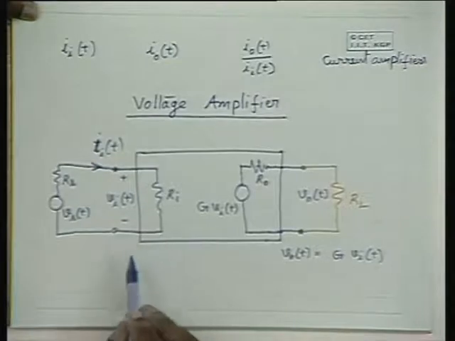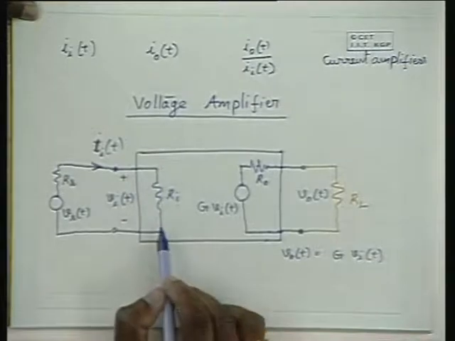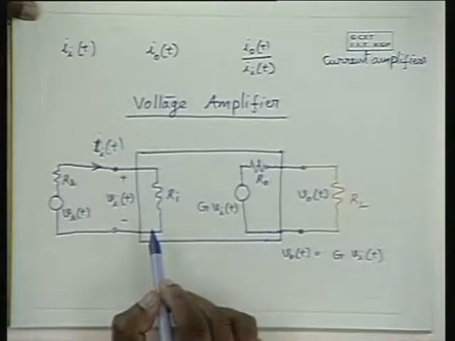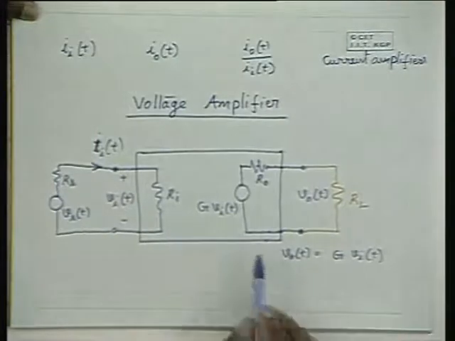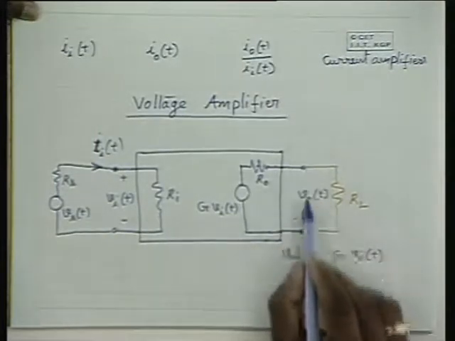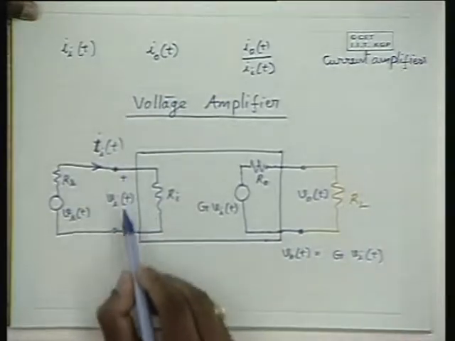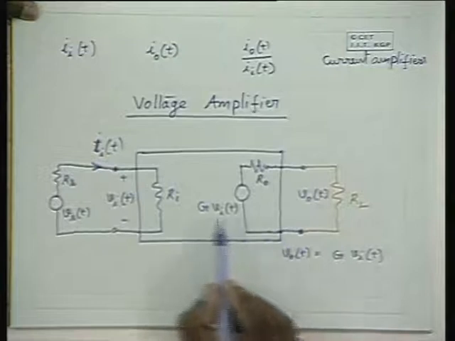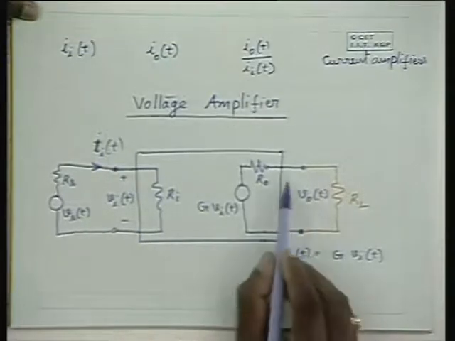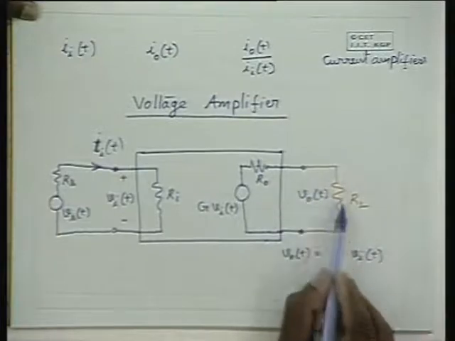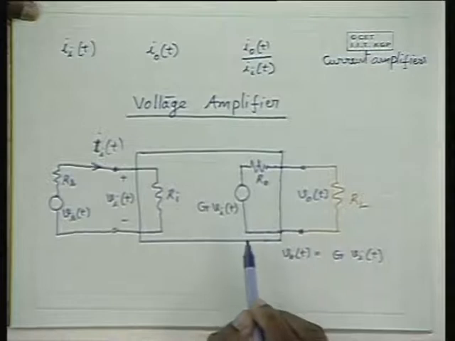So an amplifier typically exhibits some input impedance Ri, and it exhibits some open circuit voltage gain G. That means given the input voltage, the output voltage will be G times that input voltage, and that voltage changes with load resistance, which means it exhibits some output impedance.